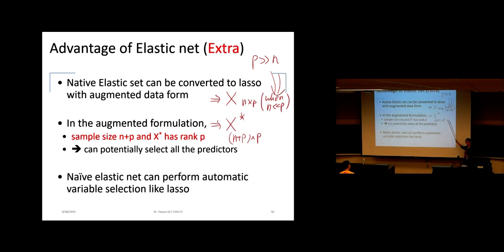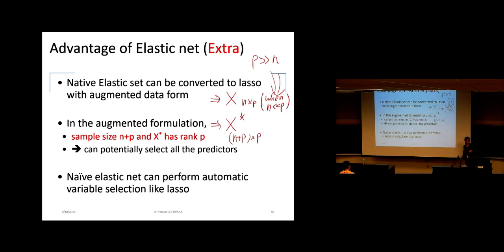You actually revise it, augment it with something, which is actually very easy, into a format n plus p times p, and this actually guarantees you can select more than n features just because of the size now. It sounds like too much, but I don't want to spend my time on it, and this is really for advanced students.